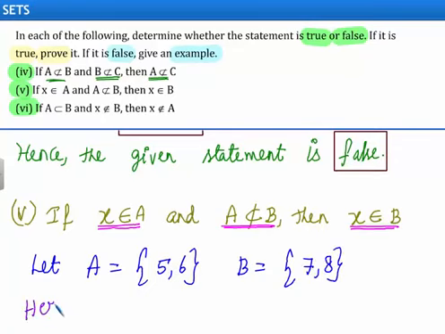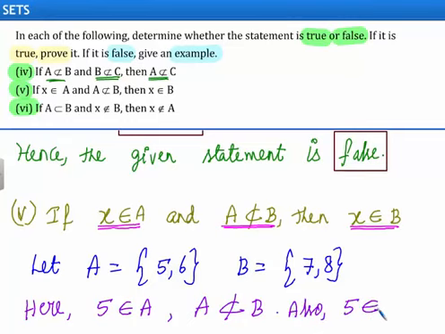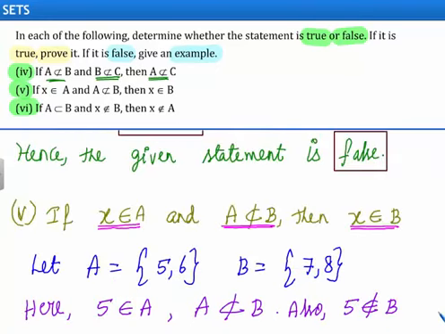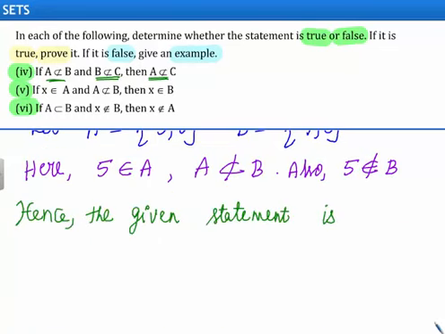Here, the element 5 belongs to the set A and A is not a subset of B. Also, 5 does not belong to the set B. Hence, we can conclude that the given statement, if x belongs to A and A is not a subset of B, then x belongs to B, is false.